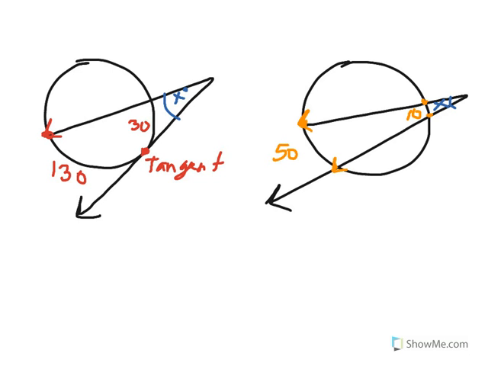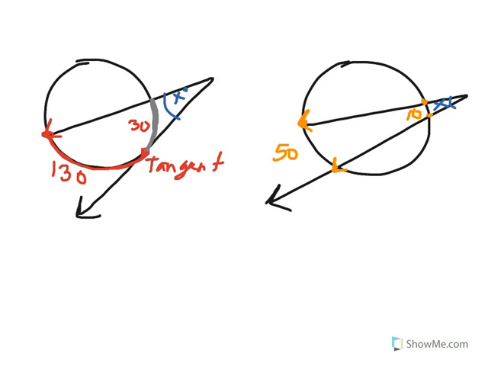So let's take a look at the one to the left first. Notice what I've labeled here is the fact that we have two completely different arcs that are intercepted. This angle cuts through, and I've got this big arc right here that is 130 degrees. There's also a little minor arc that it intercepts, a smaller one, that's only 30 degrees.